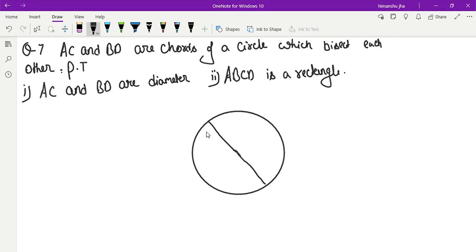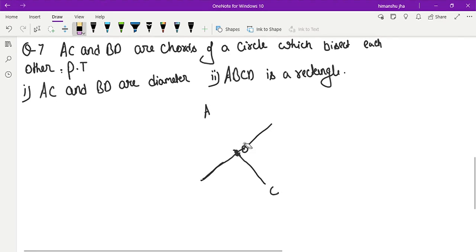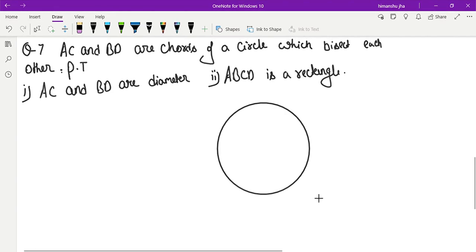Here I will draw AC as one chord, and here O, and B and D. I can draw it better. Just a second. Okay, now let's see.